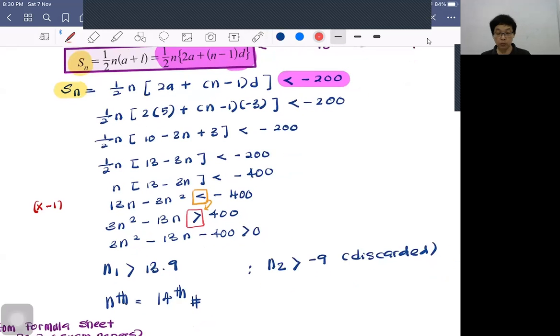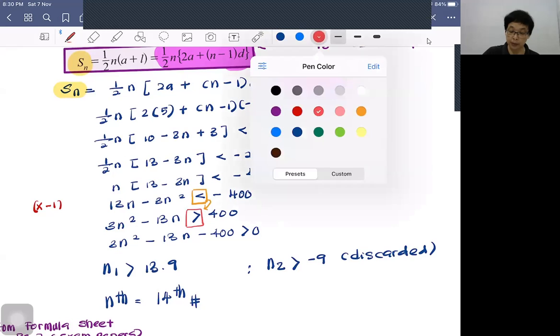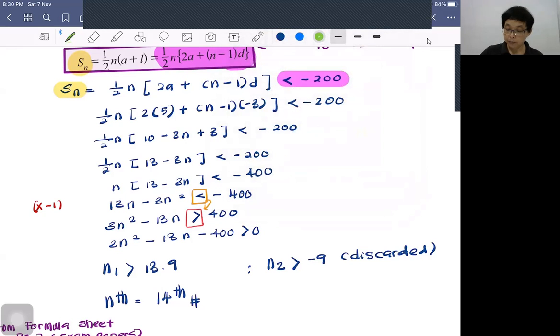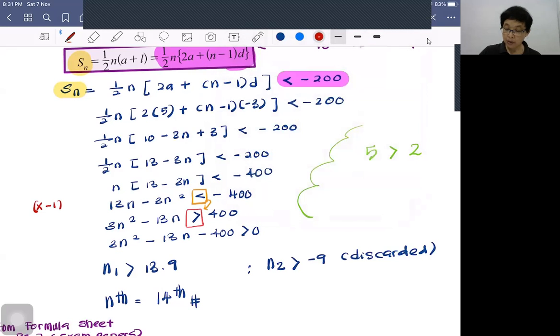If you ever wonder why, let's do a little illustration here. Let's say we have 5, and compared to 2, 5 is bigger than 2. But when we multiply a negative onto this statement, it becomes negative 5, negative 2.